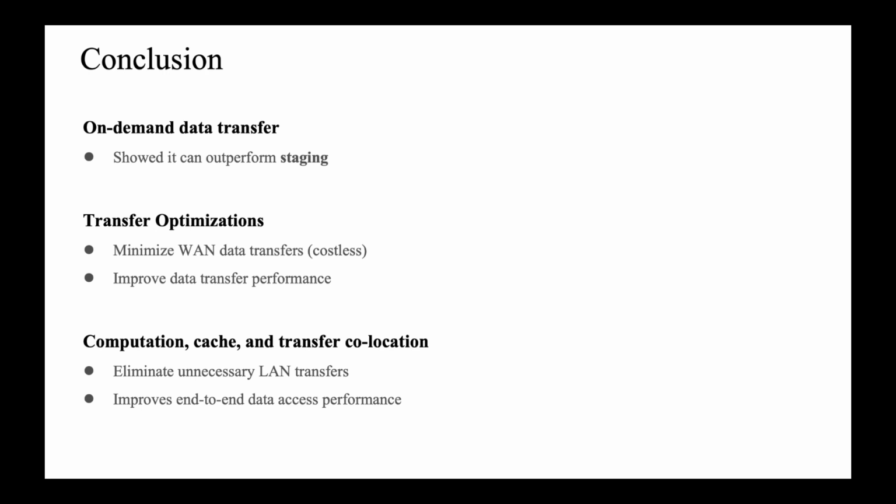Lastly, Stargate co-locates computation, cache, and transfer on the same node using the distributed hash table as a rendezvous point. This eliminates LAN traffic on the compute cluster, so it improves end-to-end data access performance.